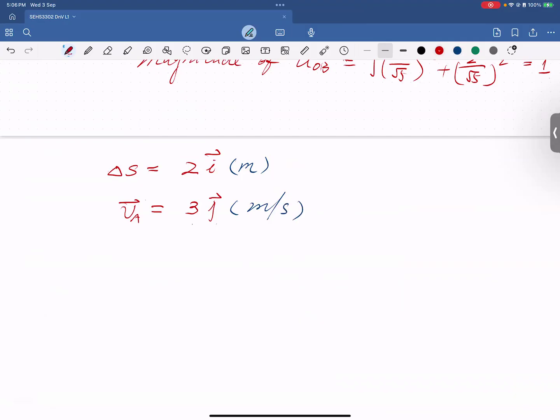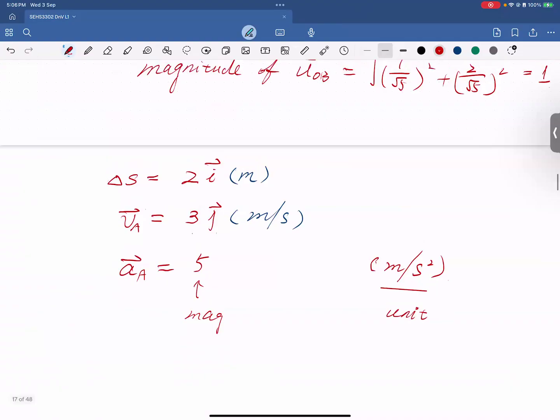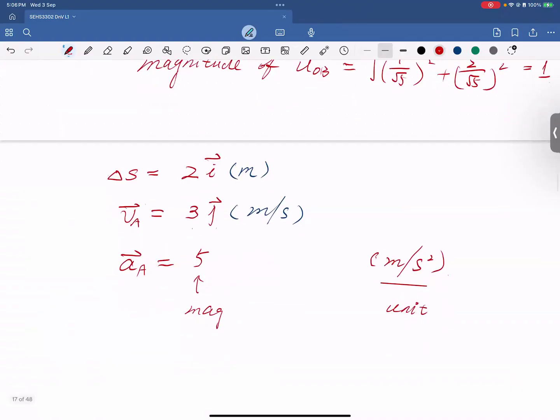We can also have an acceleration, maybe acceleration at point A, maybe it is 5, and its unit is meter per second square, because it is a second order derivative over time. This is the magnitude, and this is the unit, and we have the last piece, which is the unit vector.